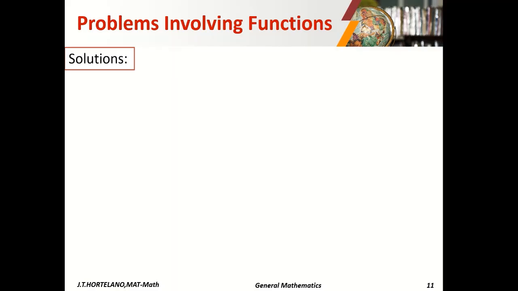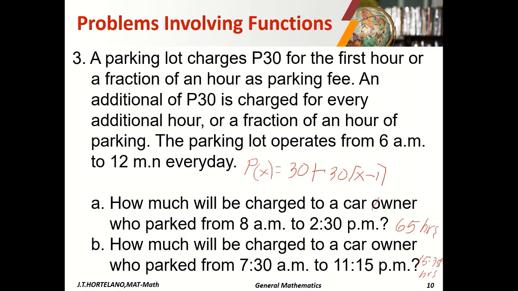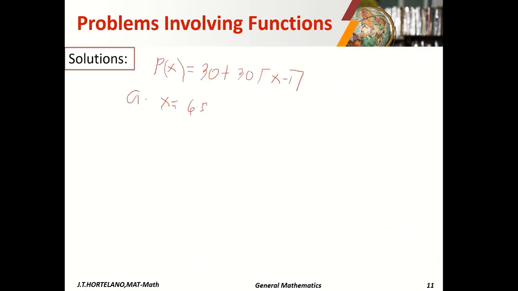Sorry, hindi pa pala tapos. So ano nga ulit yung function natin kanina? We have the function P of X, parking lot charge is 30 plus 30 times the ceiling of X minus 1. So to answer letter A, we have X is equal to 6.5 hours. So plug in to P of X, this will become P of 6.5 is equal to 30 plus 30 times ceiling of 6.5 minus 1.